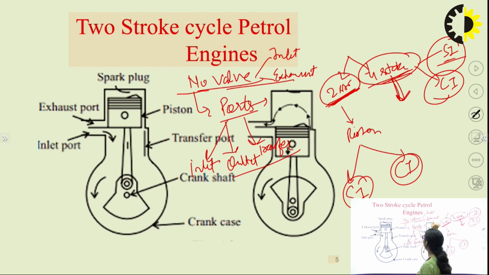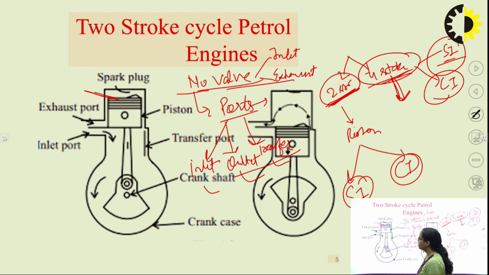So valves are replaced by ports, and ports are three in number: inlet port, outlet port and transfer port. And there is one more difference between two-stroke and four-stroke, that is the design of the piston.